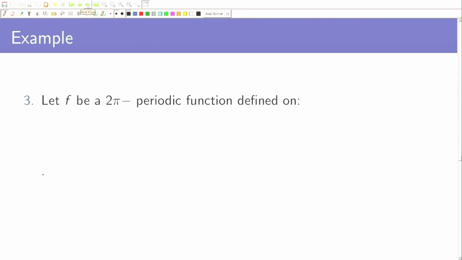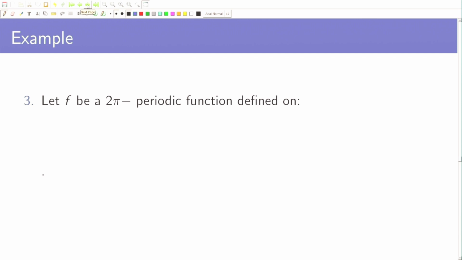Now, when we are extending the function from an interval, the interval plays a major role.